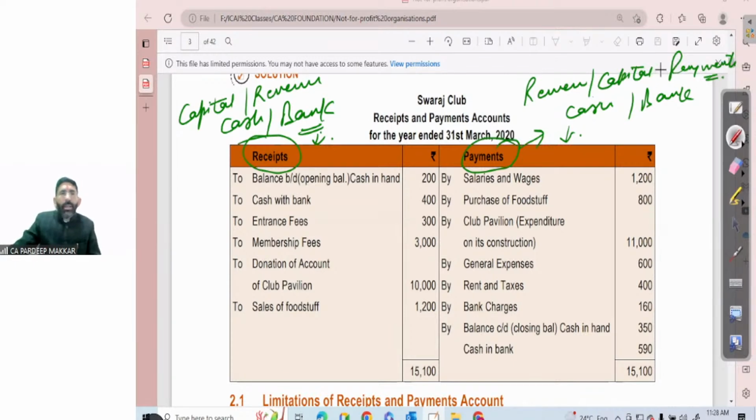So it is very simple. It will start with the opening balance of cash and bank and it will close with the closing balance of cash and bank.